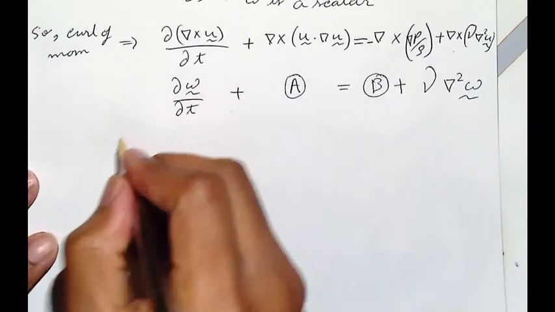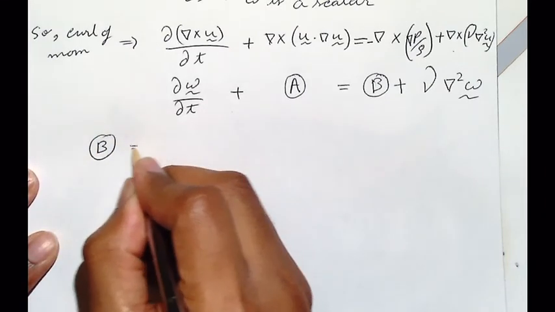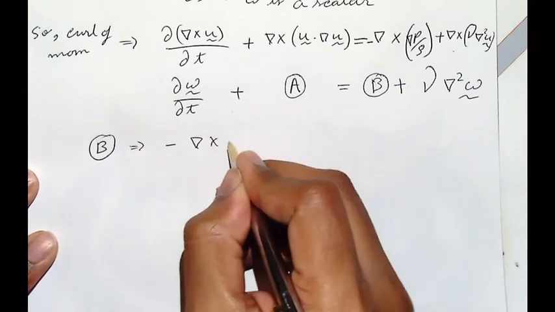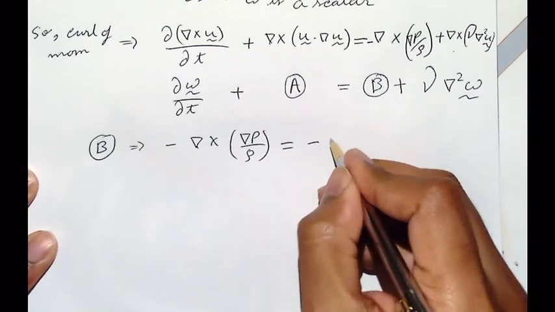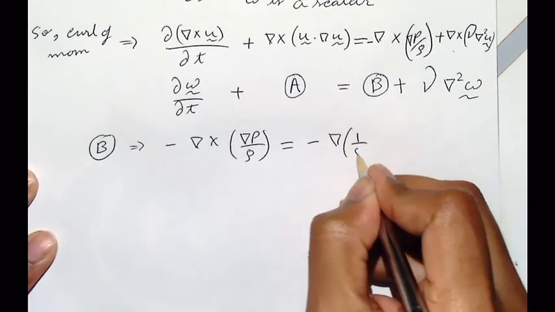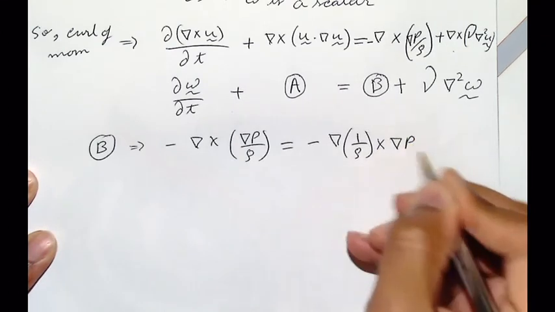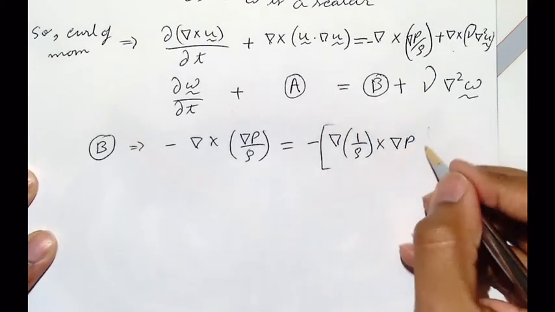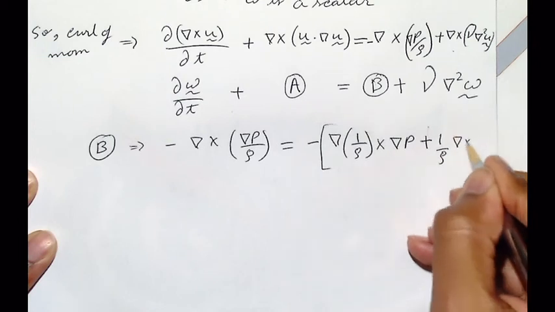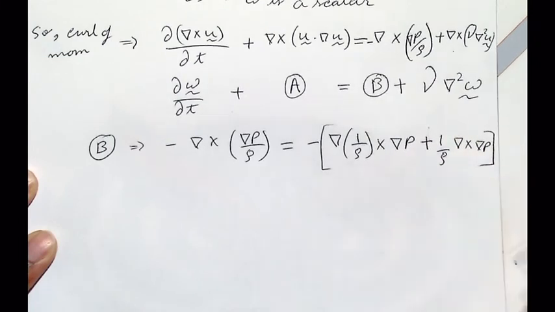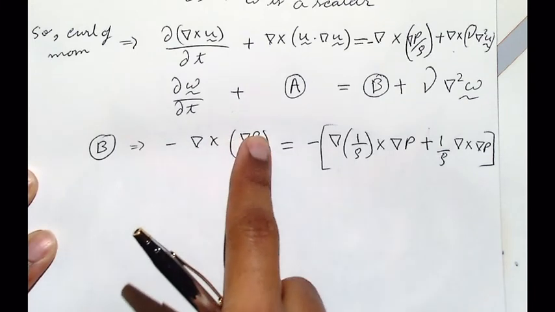So let's do B first. B is minus nabla cross (nabla p over rho). Okay? And when we use the chain rule here, we have nabla (1 over rho) cross nabla p plus 1 over rho nabla cross nabla p. First, 1 over rho is variable 1, and nabla p is variable 2.